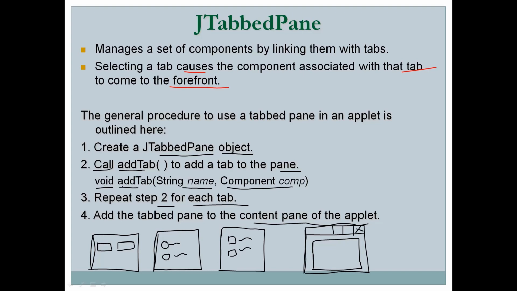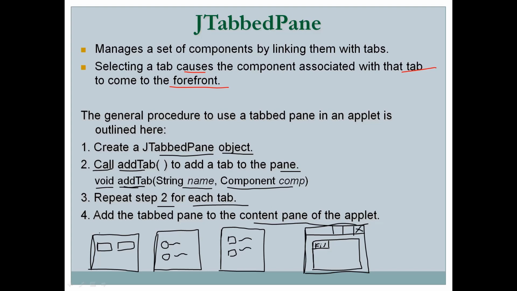Now when we add a tab, that is the second step, it will add a tab into the tabbed pane like this. Say the name of the tab is first. That name is displayed here on the top. Now how to add a component: we have created a panel which contains the group of components. This panel itself needs to be sent as an argument to addTab.